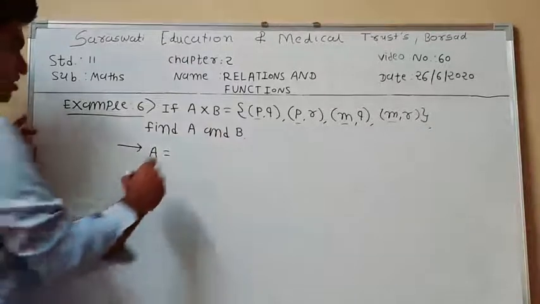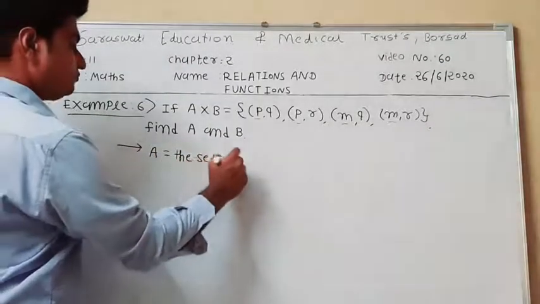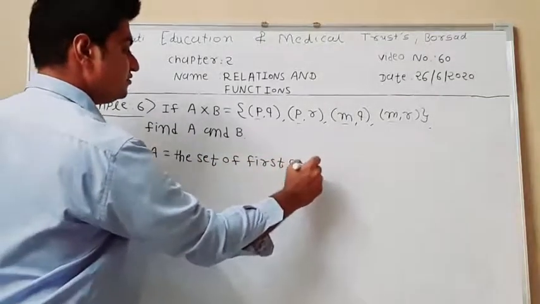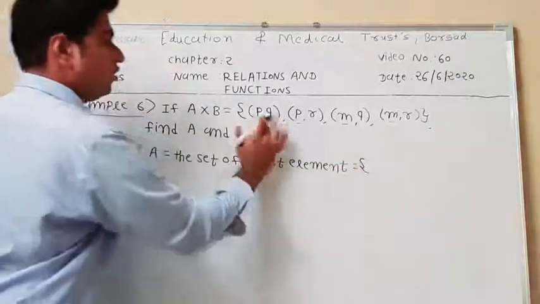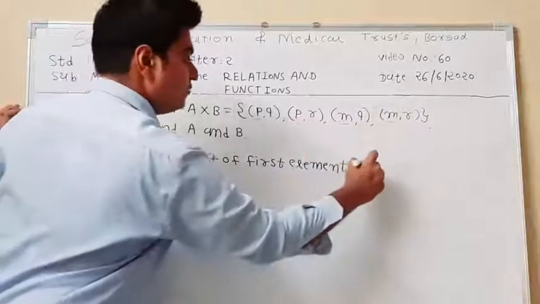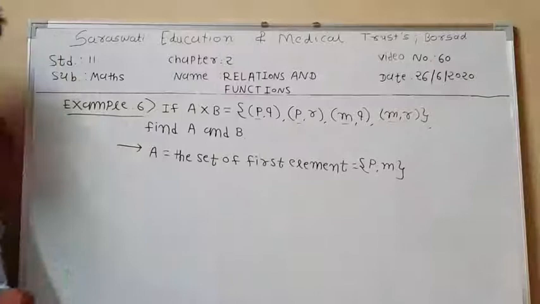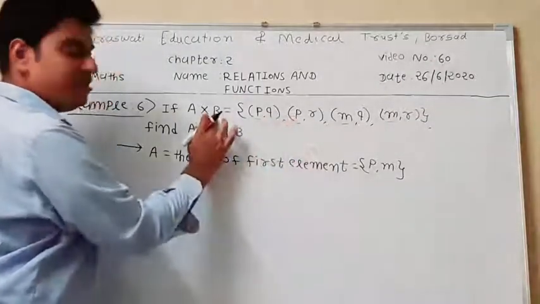So here we can write A is equal to the set of first elements, that means P and M. So here we can write A = {P, M}. Now in the second position, set B is present.